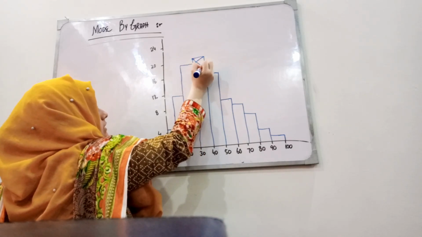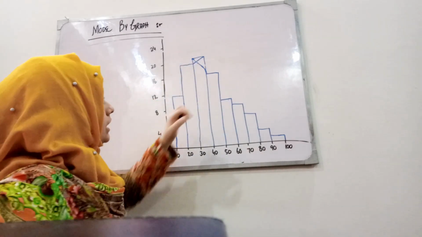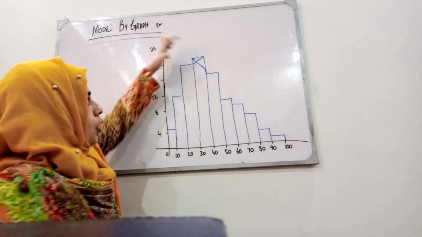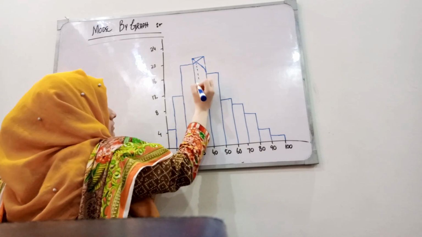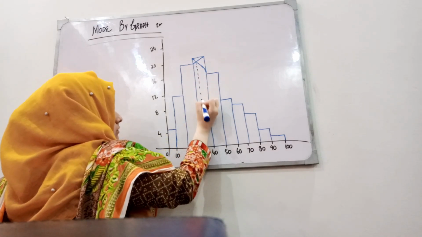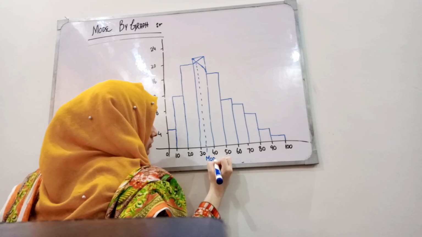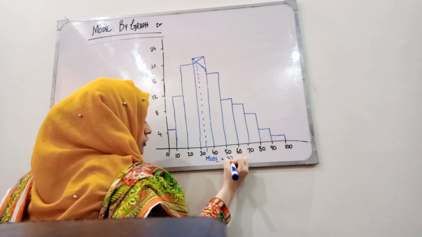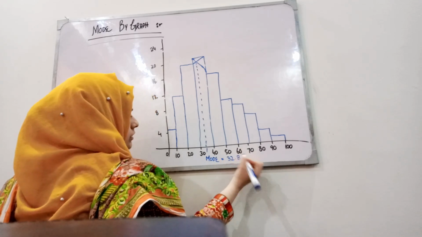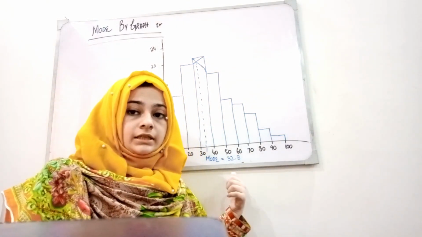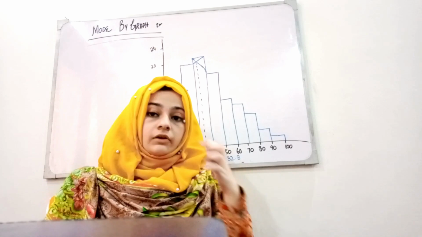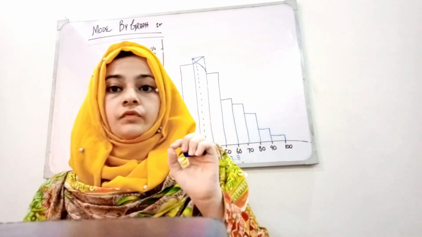We will join the right and left corners, and the point where the corners intersect each other gives the mode, which is around 32.8 or 32.7 something.